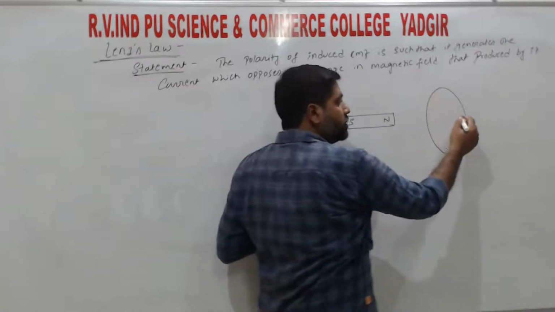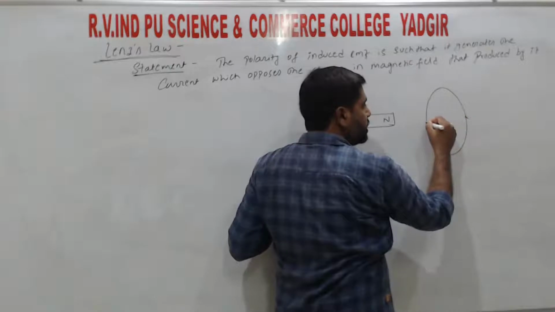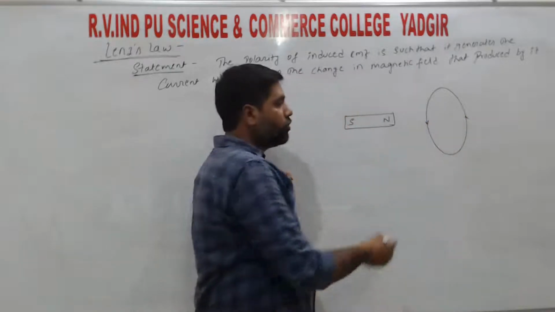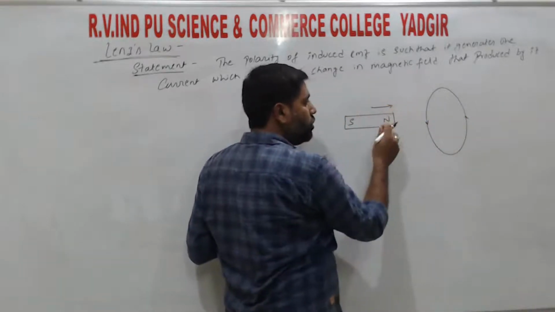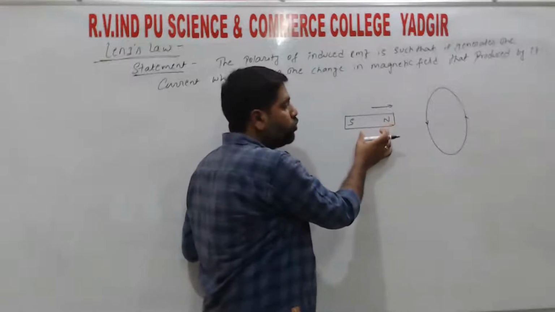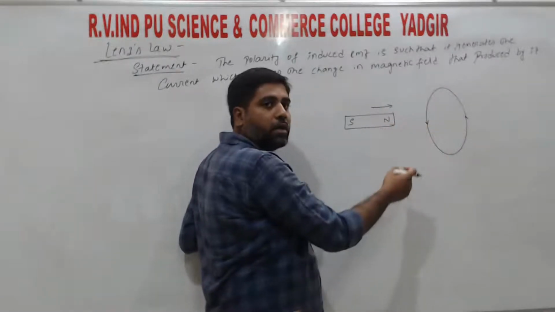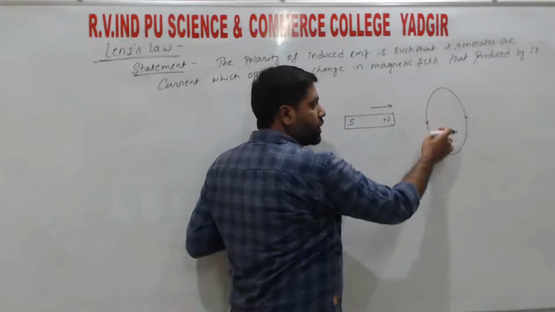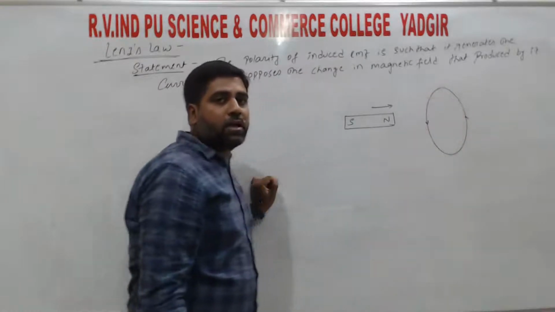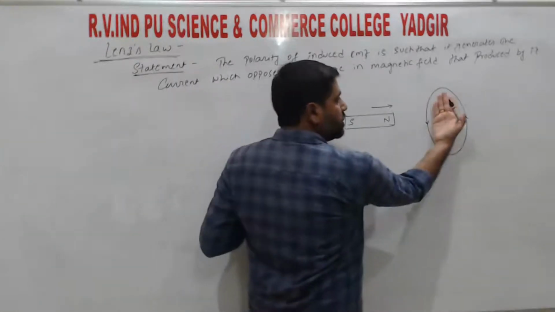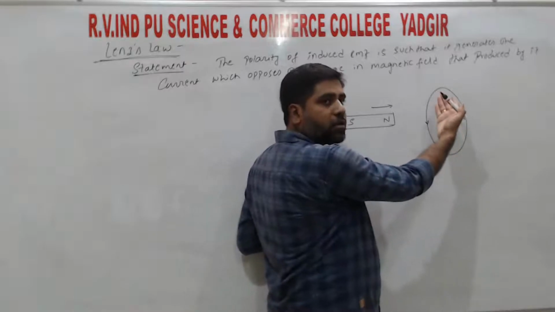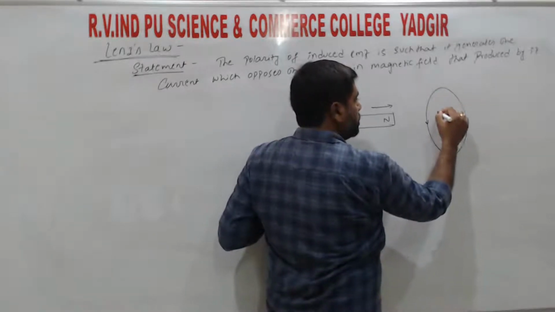The current flows in an anti-clockwise direction, right? When the north pole of the magnet is moved towards the coil, the current flows in the circuit in anti-clockwise direction, so this face acts as a north pole, right?